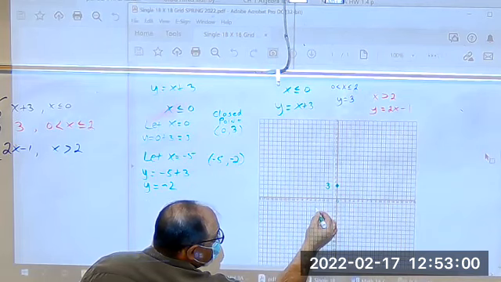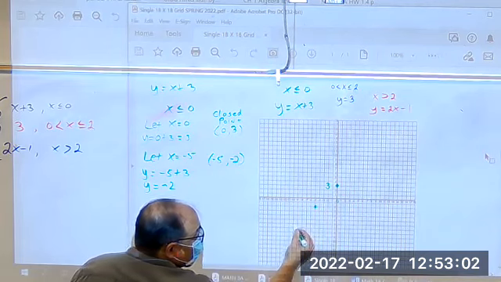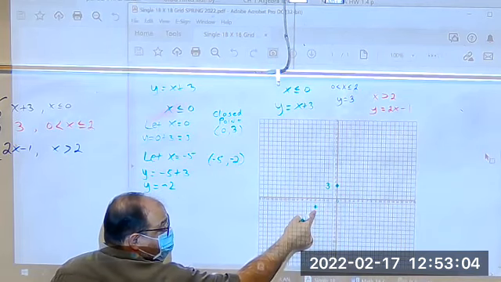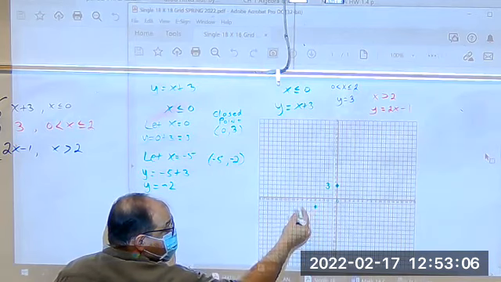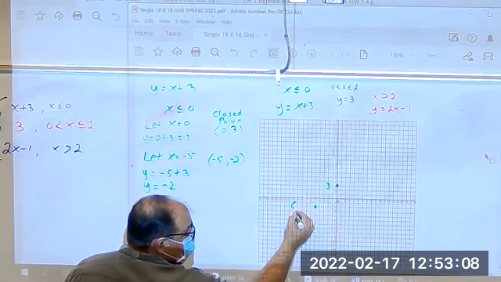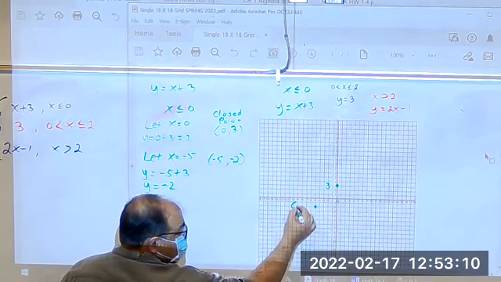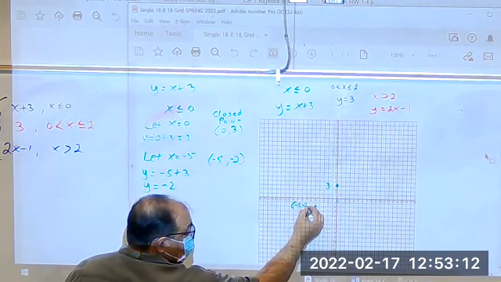Here, and then it's like that. Whenever you have a point that is in one of the quadrants, you have to label it with an ordered pair. Parentheses, this is (-5, -2).